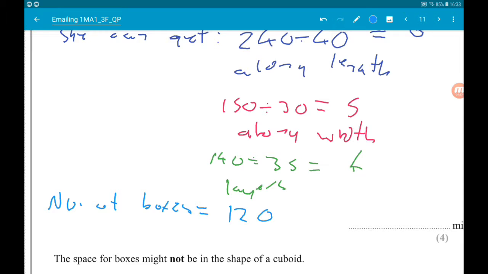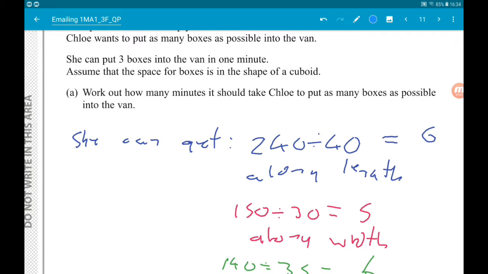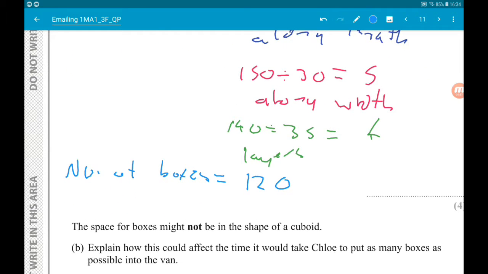Now the fun isn't done. We are told that she can put 3 boxes into the van each minute. We want to know how many minutes it's going to take. So we now need to do 120 divided by 3, which is 40 minutes.